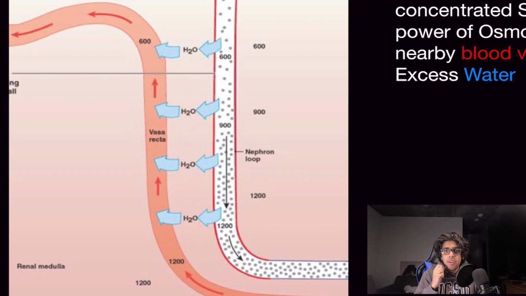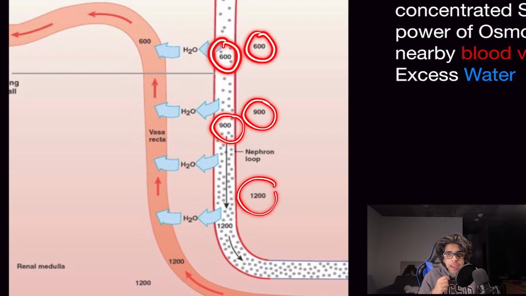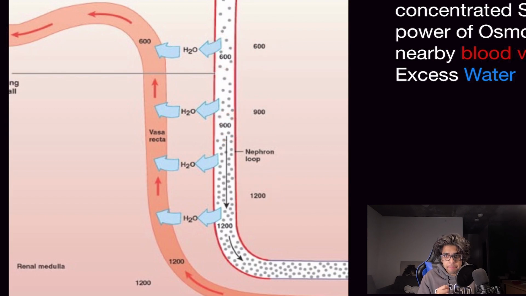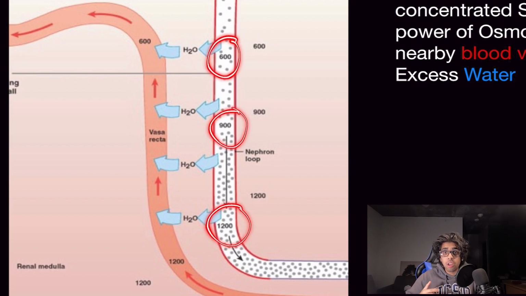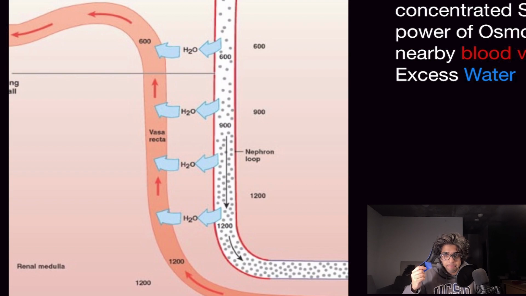Now let's talk about the numbers. The numbers shown here are how concentrated that area is. We start with 600 at the top of the tube, but then we go lower and lower and the numbers increase. We go from 600 to 900 to 1200. Why?